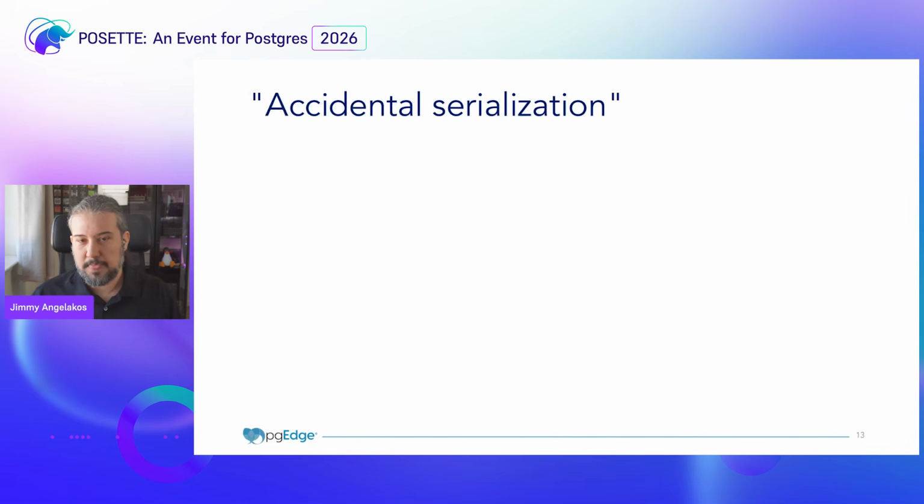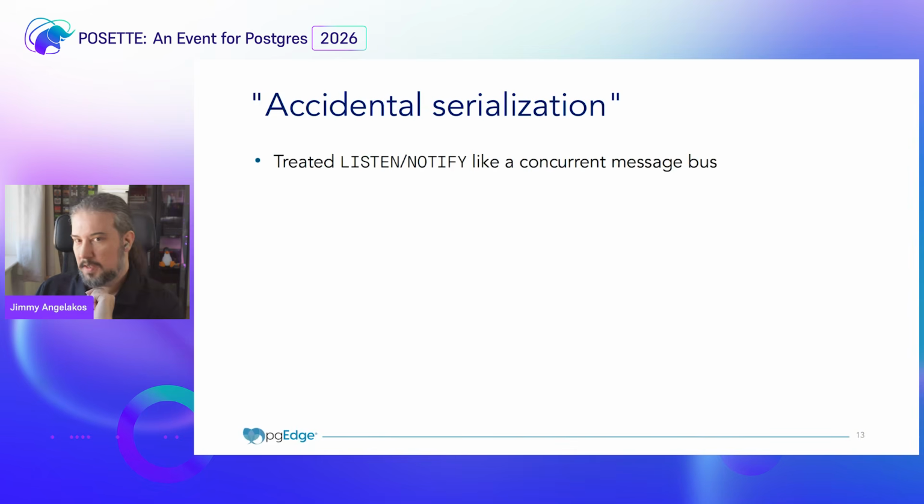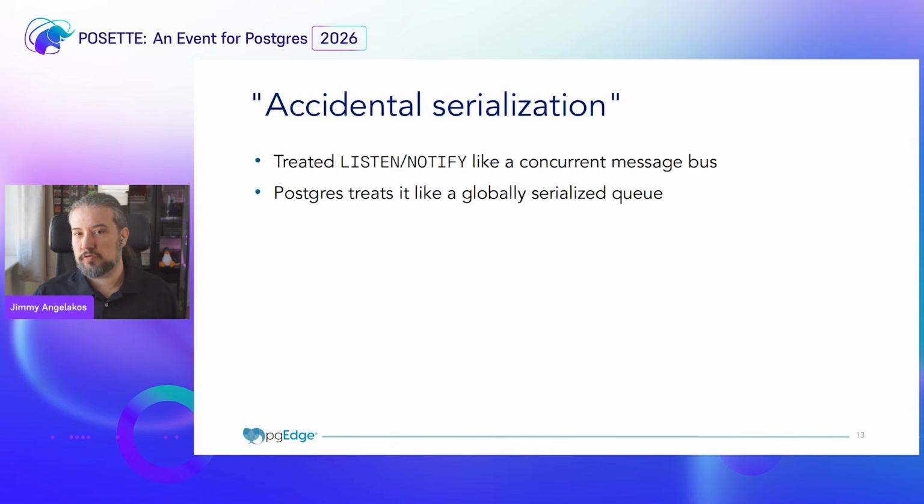So we effectively invented accidental serialization, something that should be concurrent and parallel was actually happening one thing at a time. The mistake was that whoever wrote that code initially treated listen and notify as a concurrent message bus, where in reality it wasn't, because Postgres treats listen notify like a globally serialized queue of notifications.